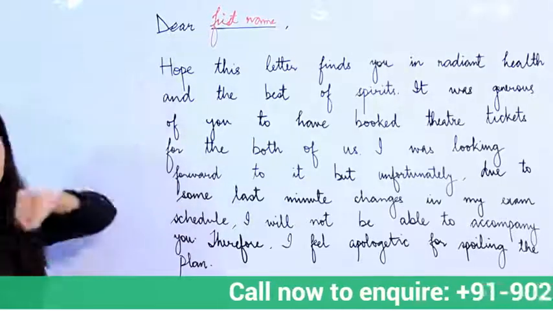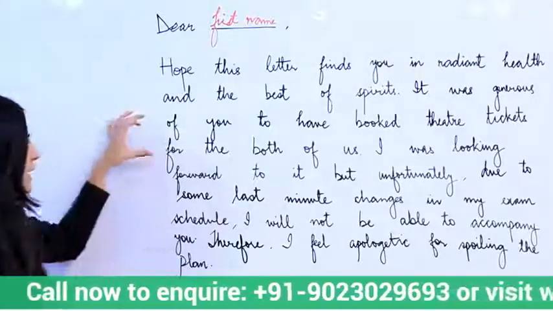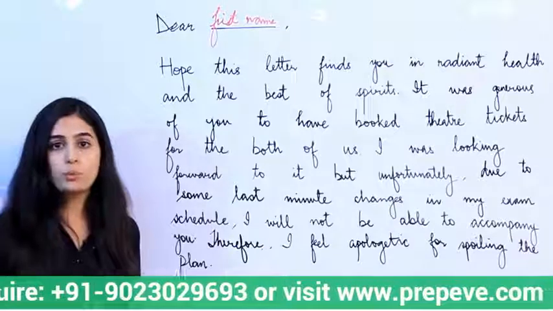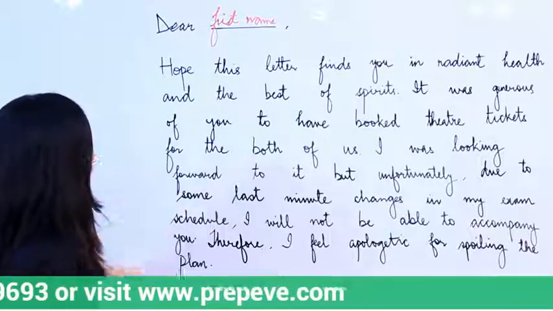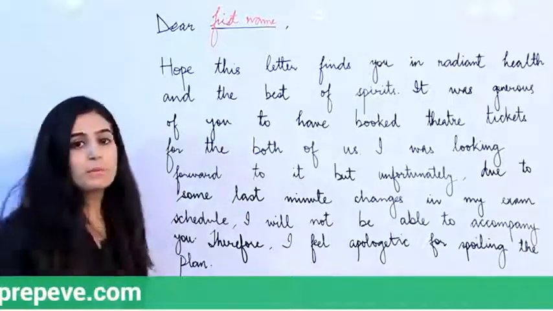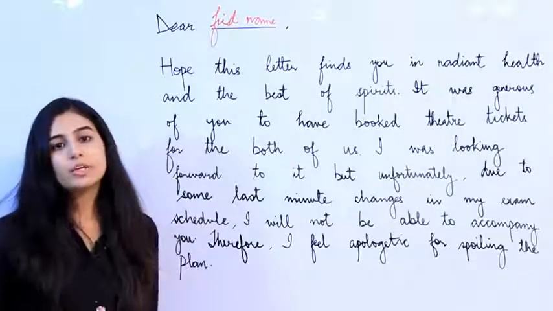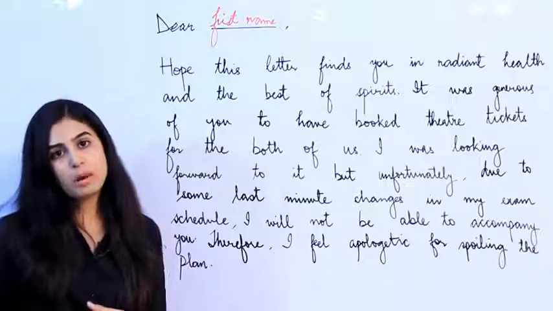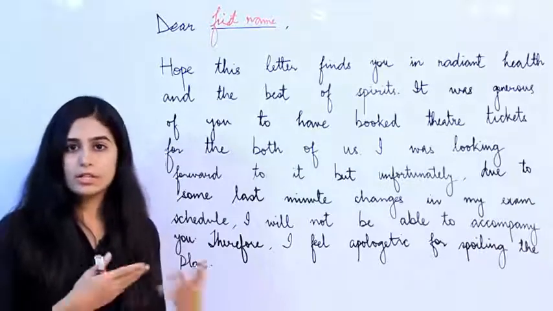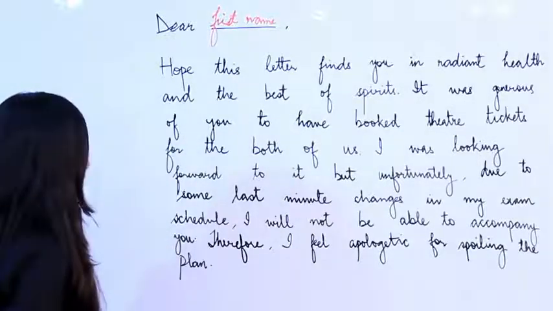Now we have asked about his or her health. Next we have thanked them for booking the tickets. Now we tell them that something has gone wrong, that I would not be able to accompany my friend, that is you, to the theatre, right?